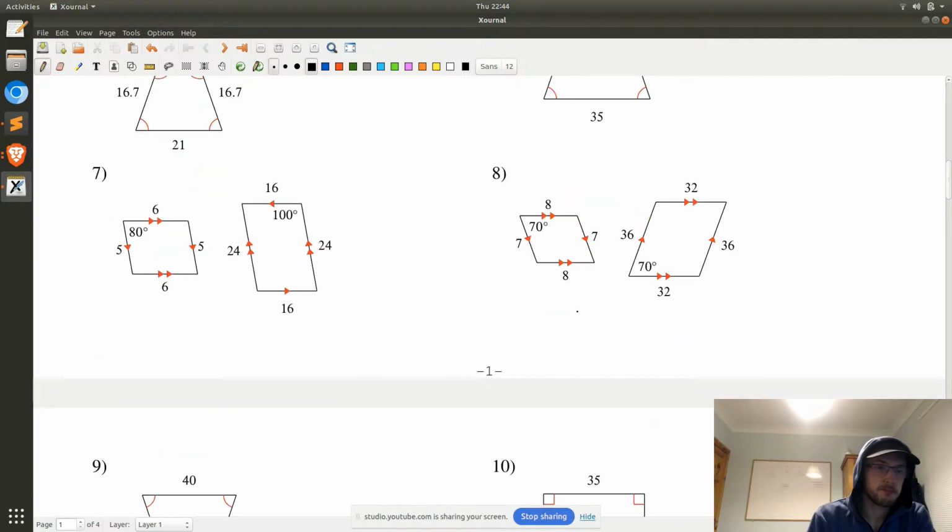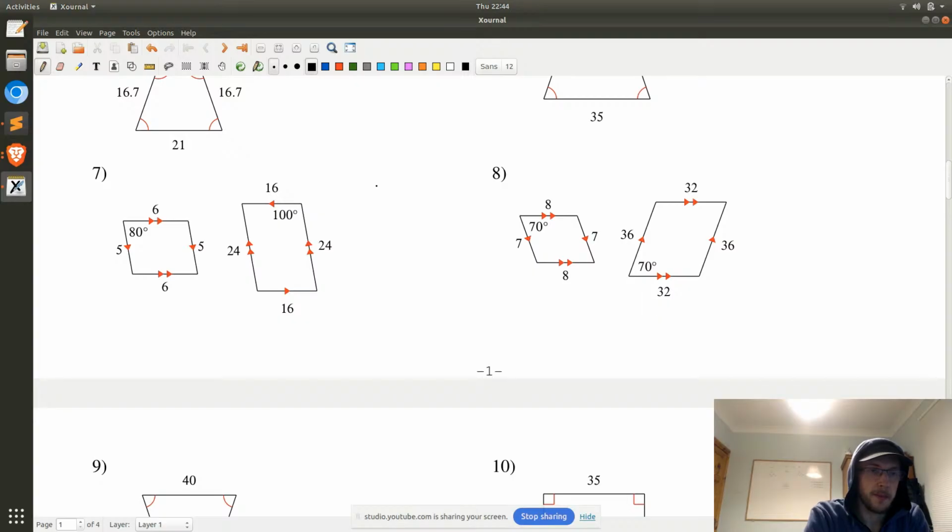Good. What about here? Well, you have to rotate it first. Now, okay, so the angles are preserved, essentially.